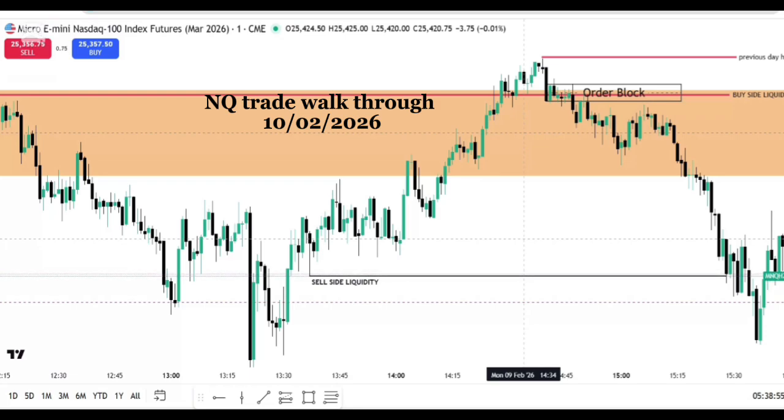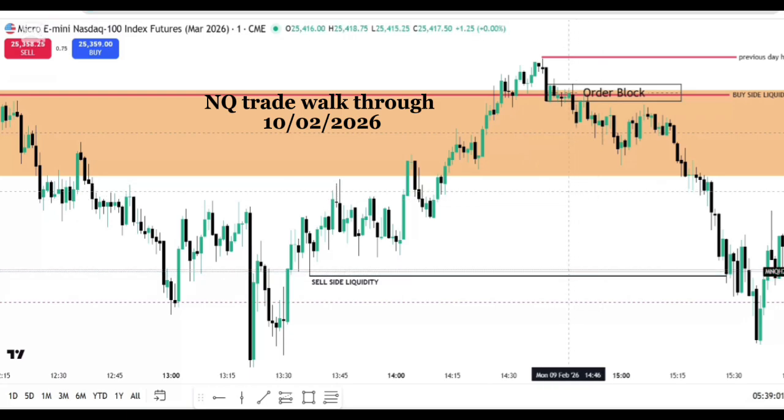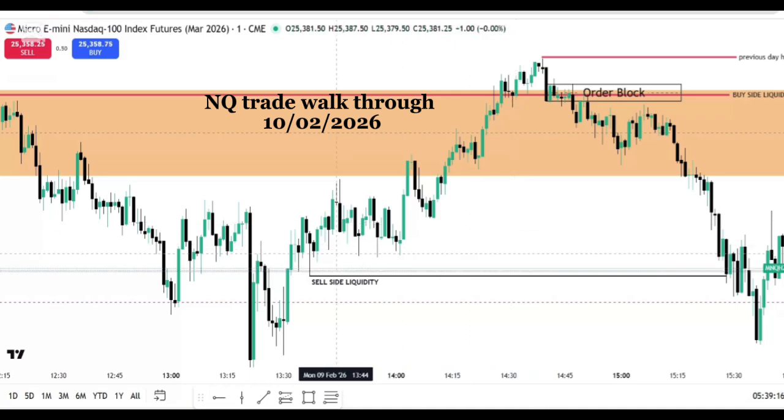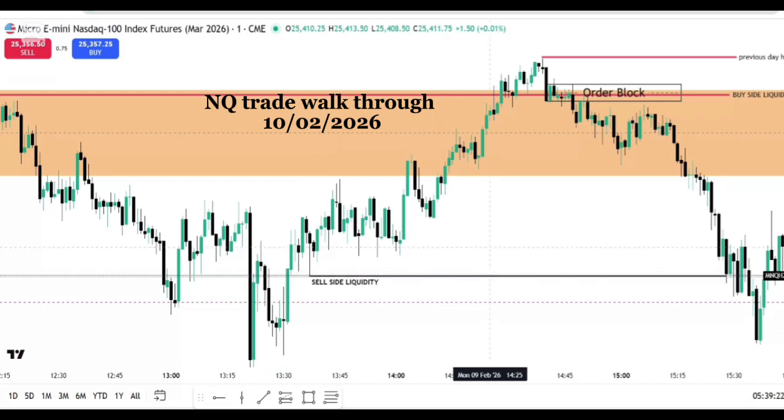I just wanted to explain a little bit about the trade and what made me take this trade. As you can see, the trade was taken during the New York PM session.